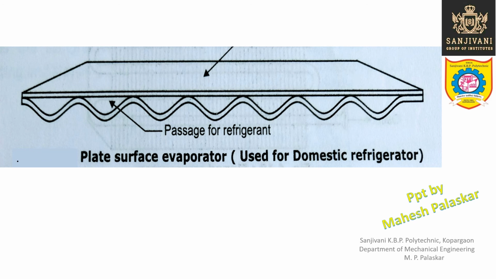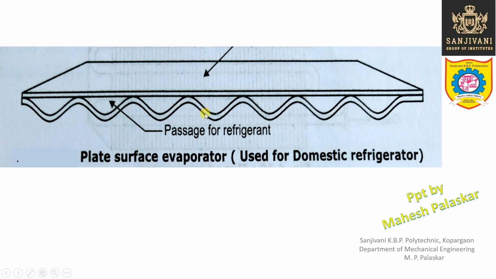And therefore, what we are doing is that the wall of that particular freezer chamber itself is used as the evaporating surface. That wall is a double wall and it has perforations that are used as the passage of the refrigerant. Actually, they are the tubes or the coils, they form the coil.